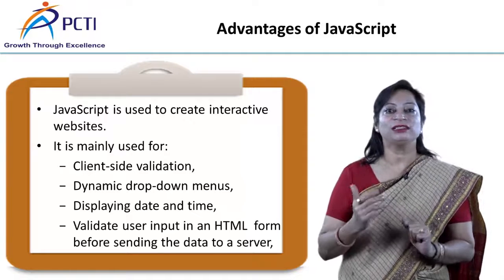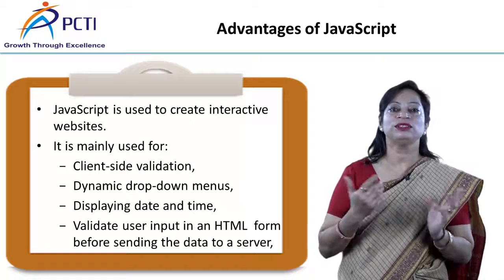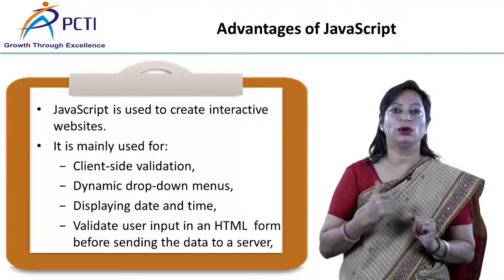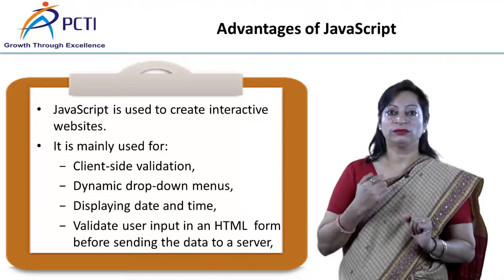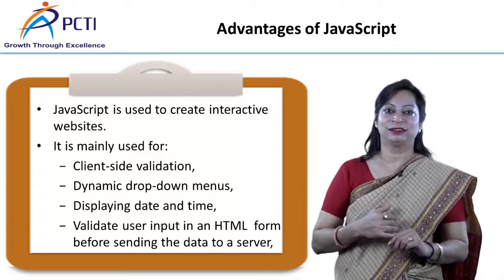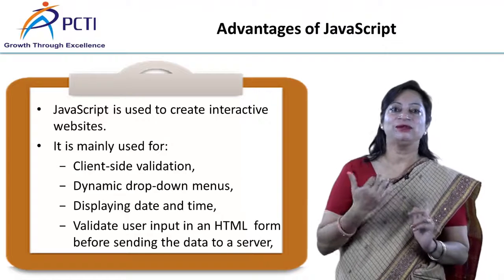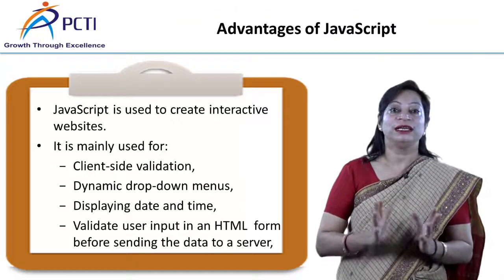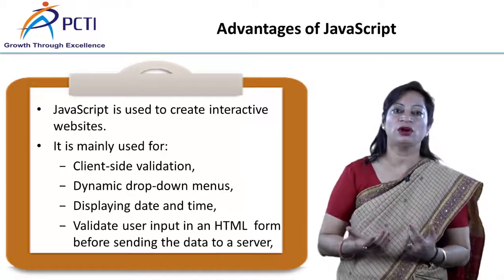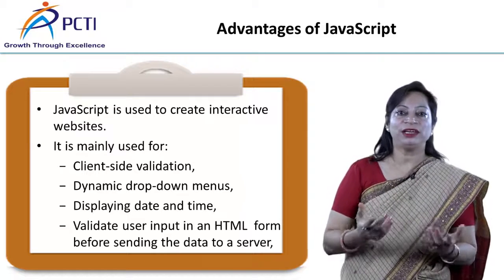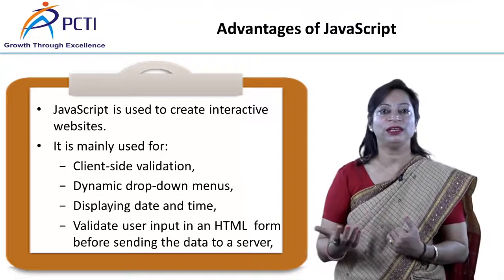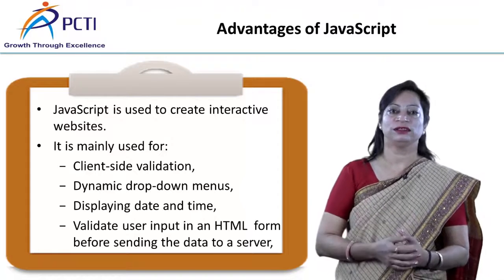There are various types of events we use in JavaScript, like on click, on double click, on load, on unload, on key press, on mouse over, etc. Next is client side validations, dynamic drop down menus, displaying date and time, clocks, etc. Validate user input in an HTML form before sending the data to a server.